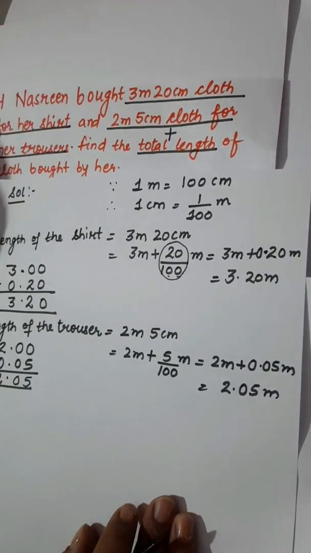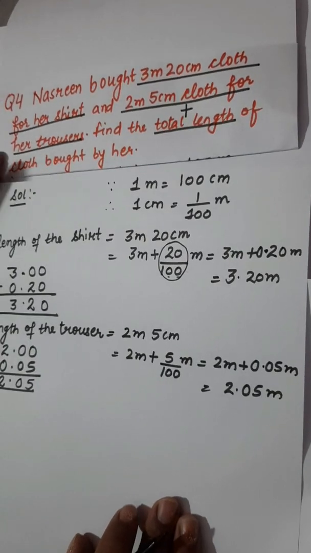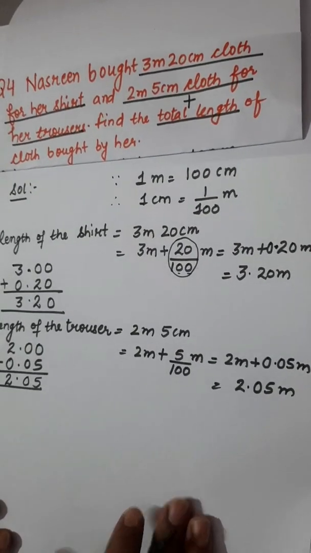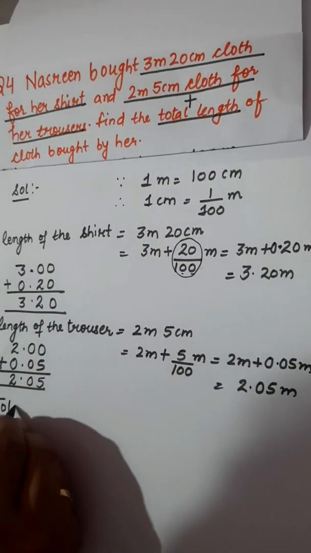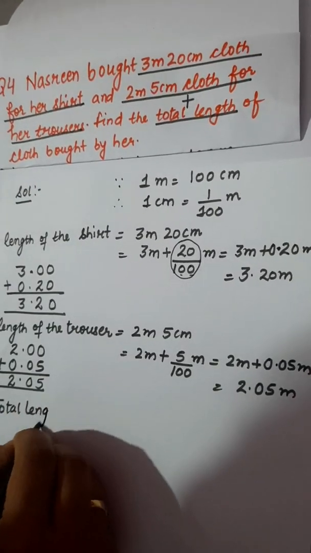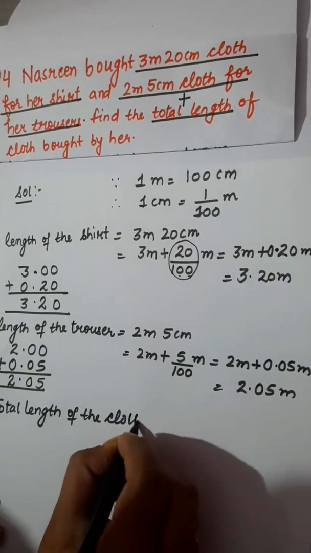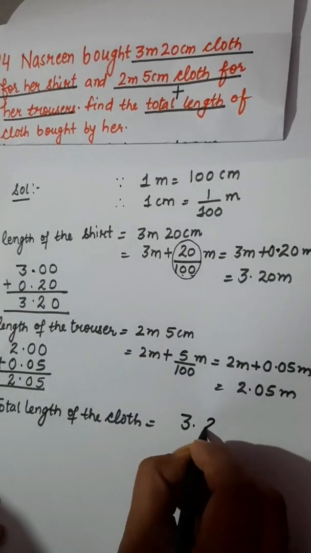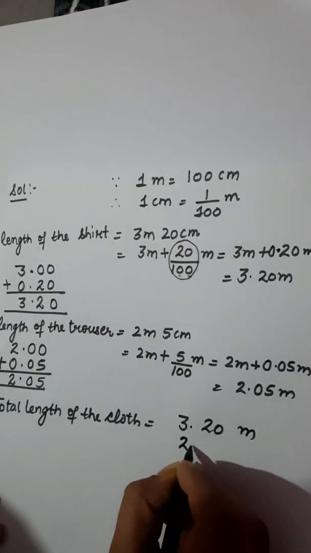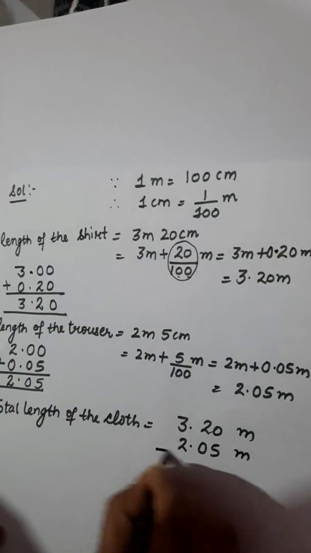Now you have to find the total length of cloth. To find the total length of the cloth, just add both the lengths.